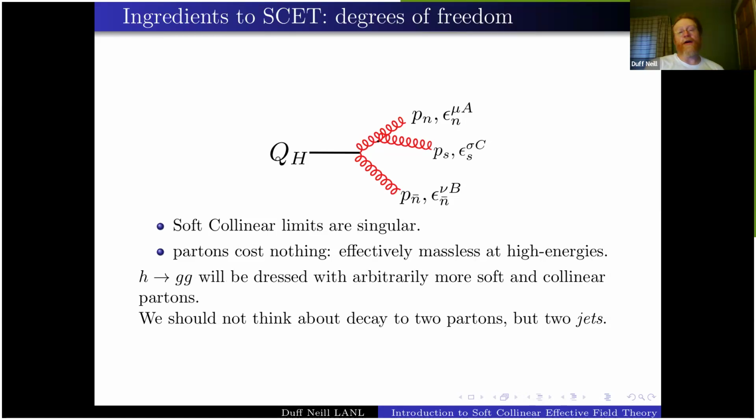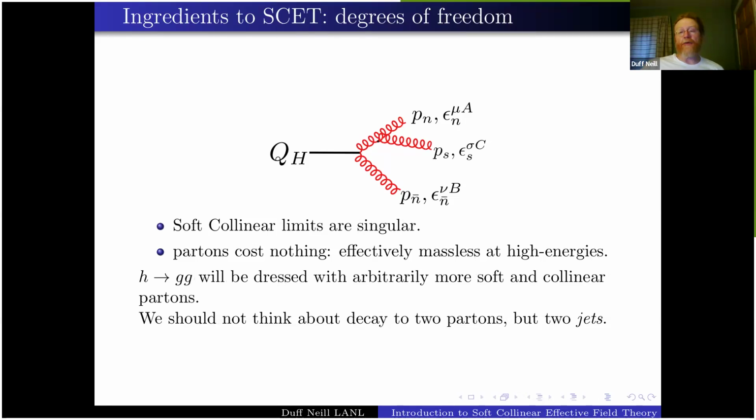I can always add another parton with relatively little energy cost. And so when we're going to talk about the Higgs decay to gluons, we really shouldn't think about the Higgs decay to 2 gluons, but rather we should think about the Higgs decay to 2 jets, because I know as I perform my perturbation series, I will have to dress those 2 initial partons with more and more emissions, both real emissions, but also virtual loops that I'm not showing here.